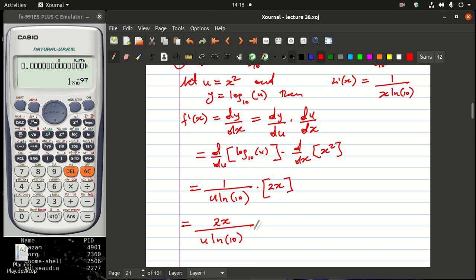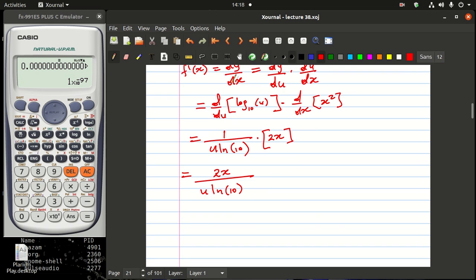And what was actually our u? Our u was x squared. So this whole thing is 2x divided by x squared ln of base 10, which is just the same that I can take out this x, and one of these x's goes, so it's 2 divided by x ln of base 10.